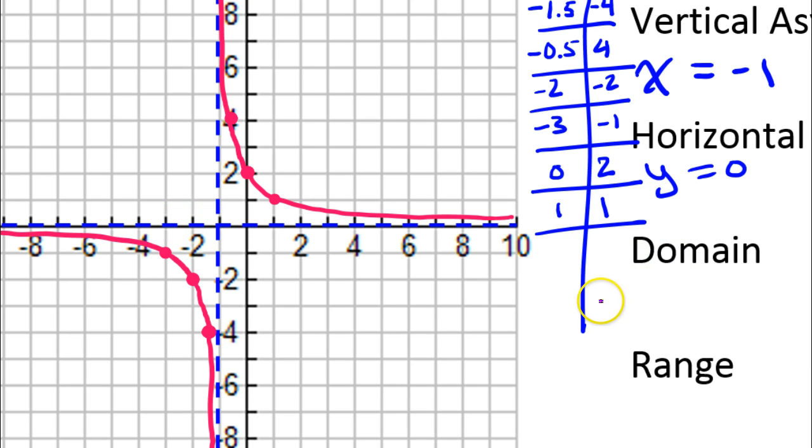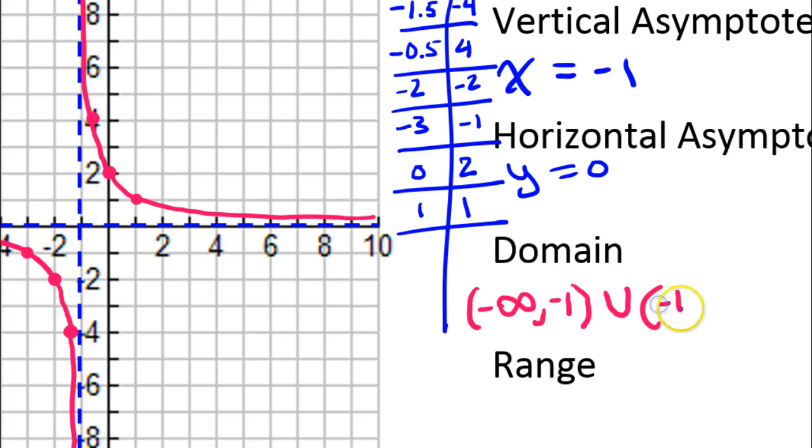So that's going to be the first part of my domain, will be -infinity to -1. I'll use a round parenthesis because it never touches -1. It's the asymptote. And then union. And then we have to pick up on the other side of the asymptote and go from -1 to infinity. All right, so -1 to infinity. That way, we have not actually touched the asymptote at -1.